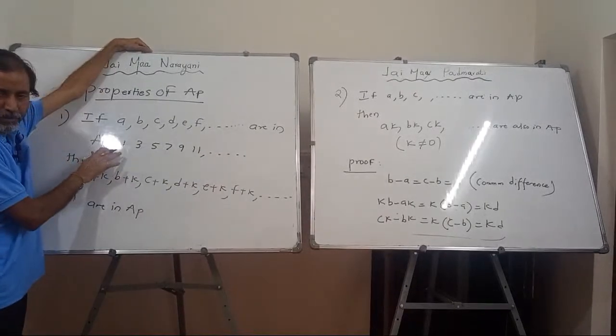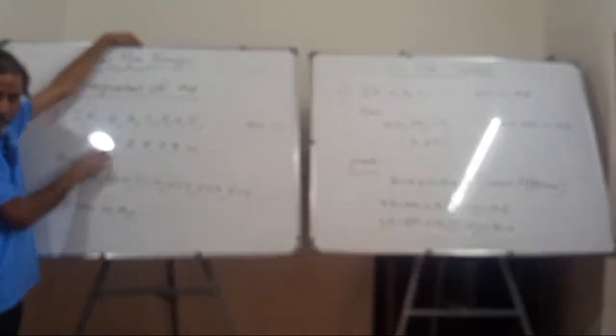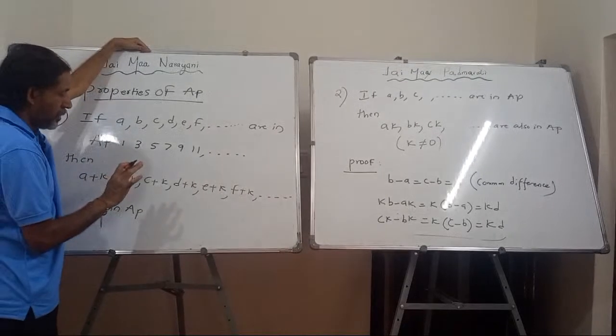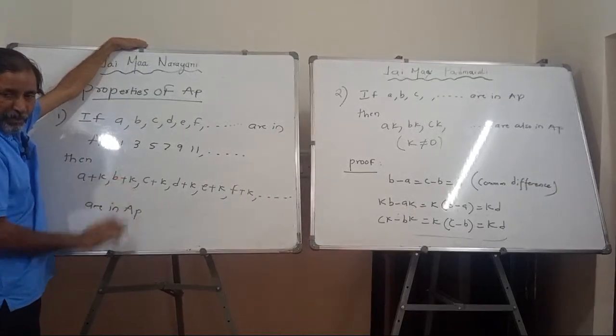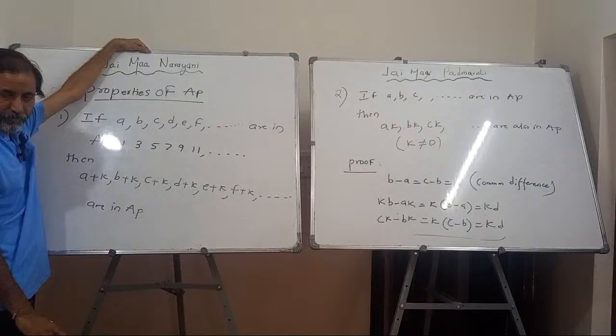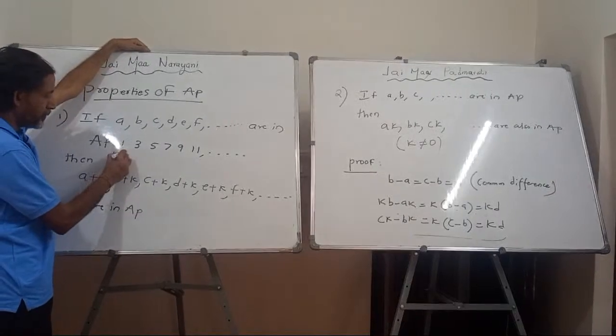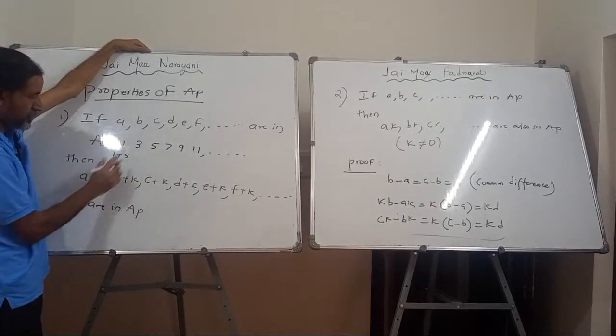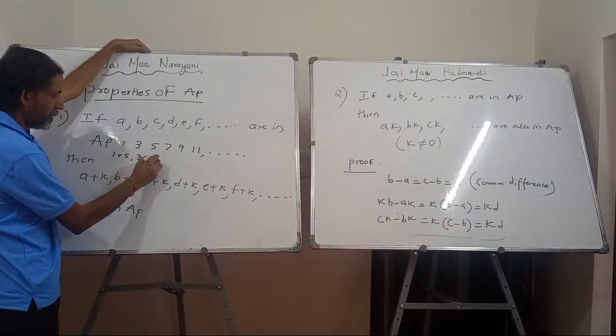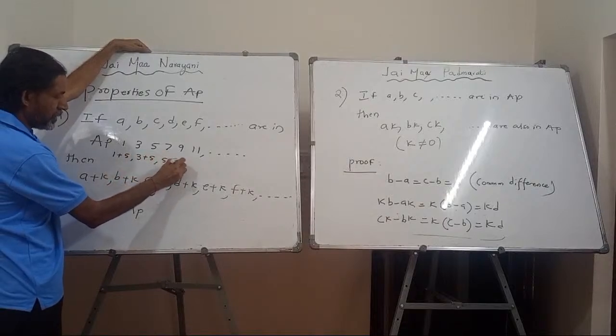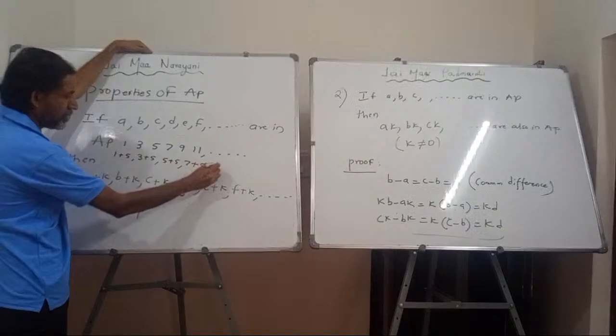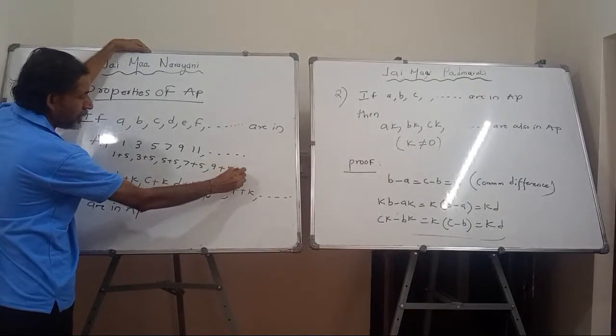They are in AP? Are they in AP? Good. Now tell me, let's select one value of K. Doesn't matter. Give any value. Okay. So 1 plus 5, 3 plus 5, 5 plus 5, 7 plus 5, 9 plus 5, and 11 plus 5.